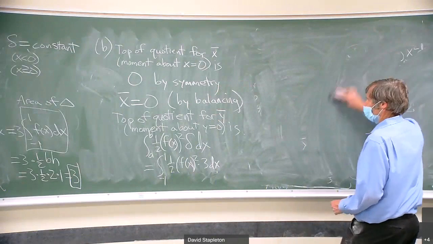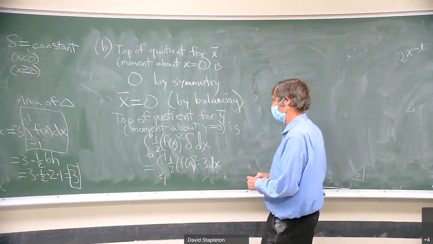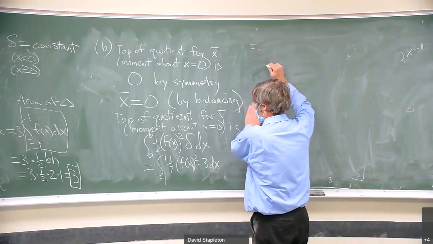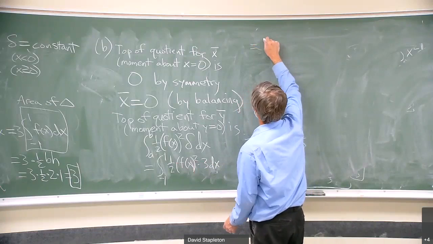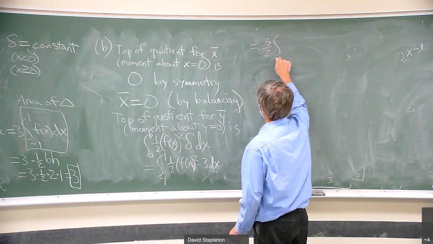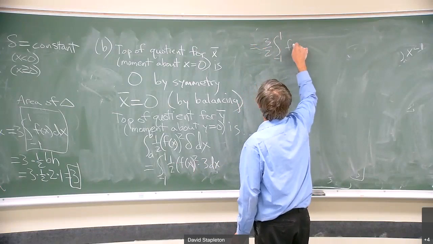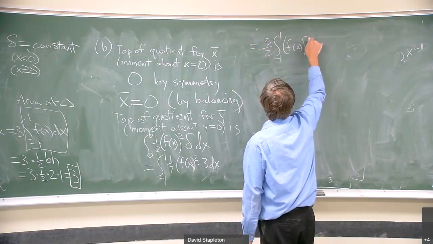So what we do when the definition is broken into 2 pieces, we just break this into 2 pieces. Let's write it one more time. It's 3/2 the integral from -1 to 1 of f of x squared dx, right?